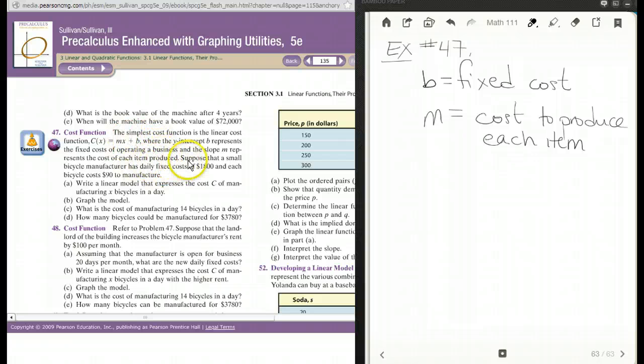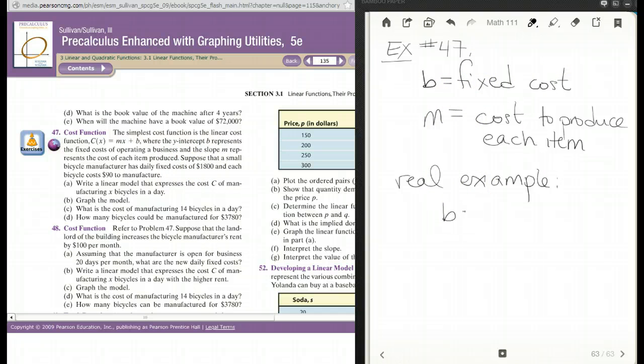And so now let's get into the actual meat of it. We're going to suppose that we're running a real business for a second. It says, suppose that a small bicycle manufacturer has fixed costs of $1,800. Okay, so here's our real example. We're making bicycles, and our fixed costs are $1,800. Which letter represented fixed cost again? That was B, right?